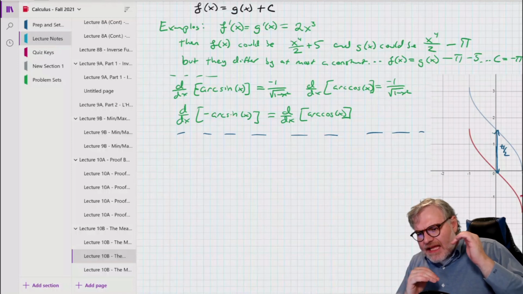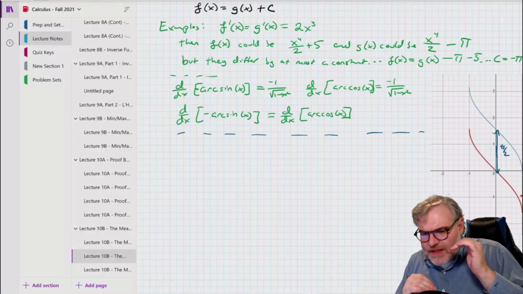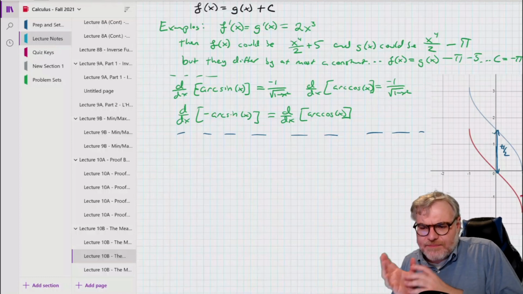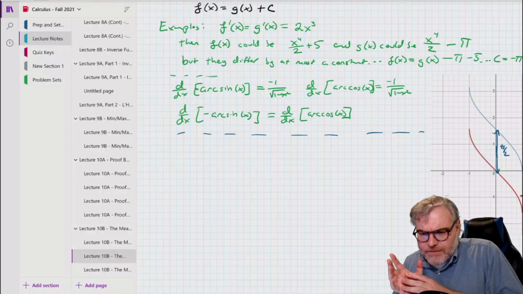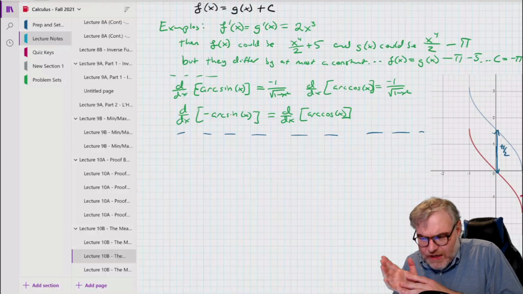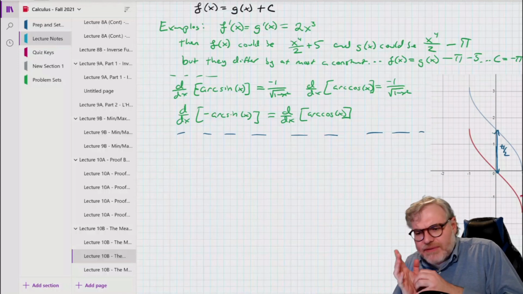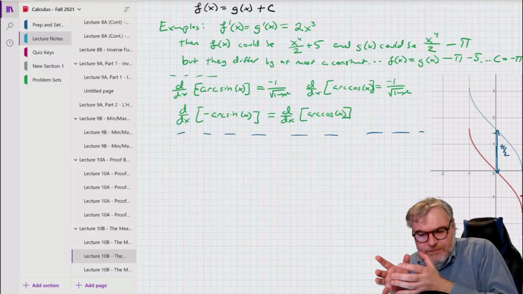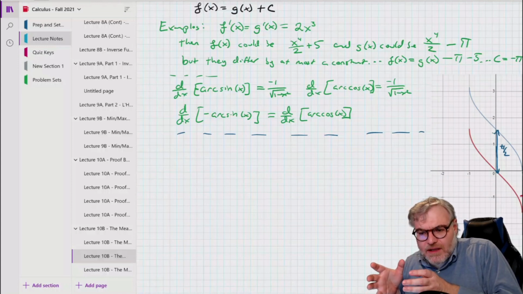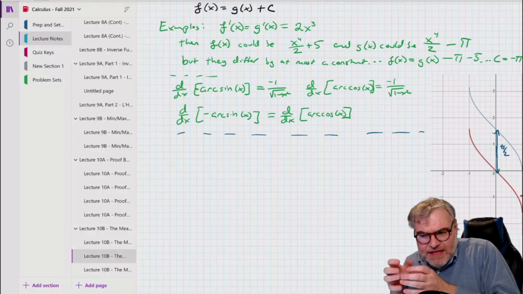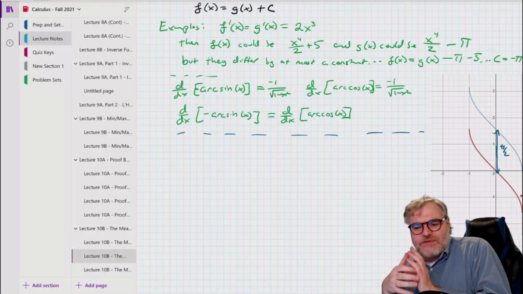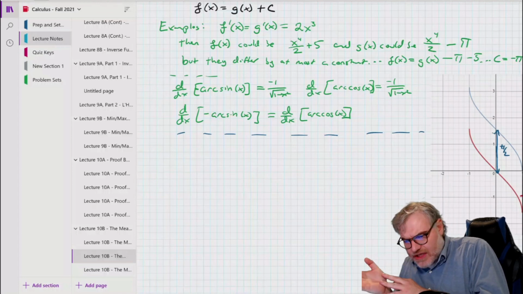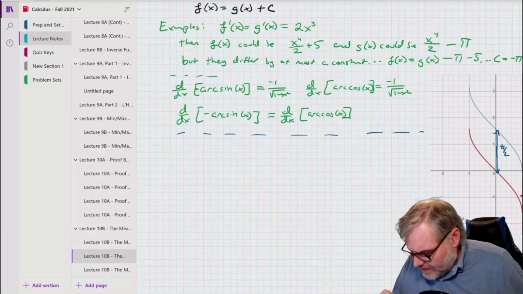Then we're going to use the MVT to find a place where their difference does not equal 0. But since f prime and g prime are equal, that derivative has to equal 0. So we're going to define an h, which is f of x minus g of x, and apply the mean value theorem to that h.